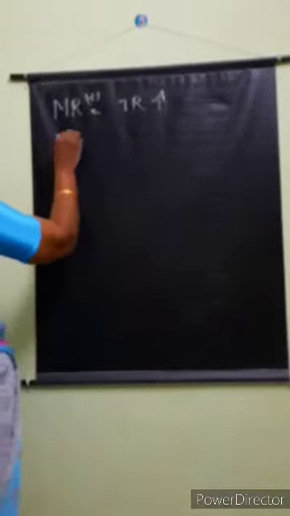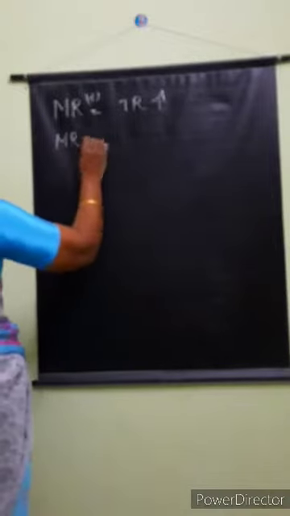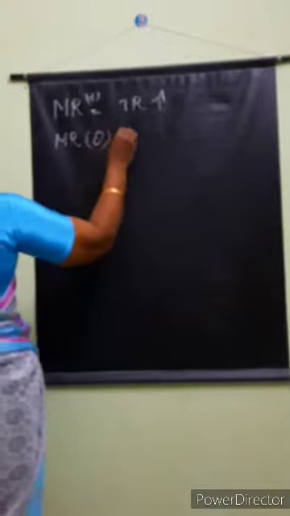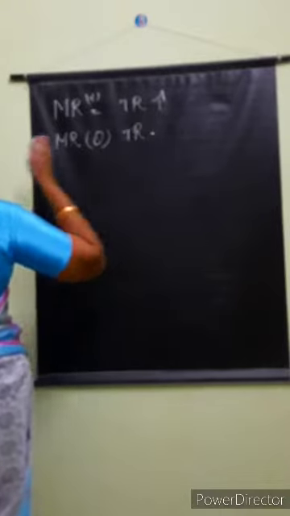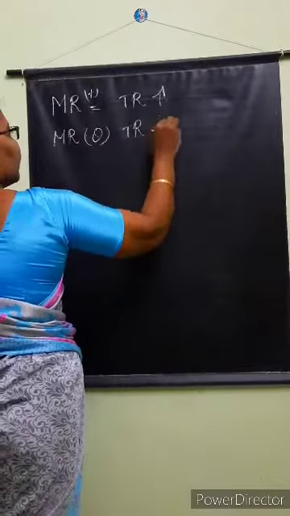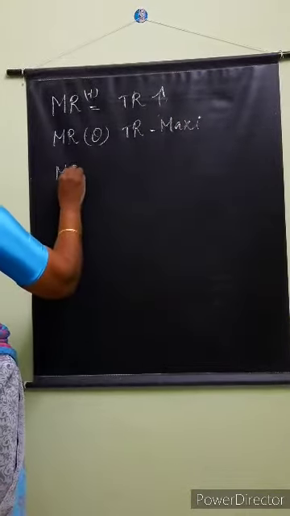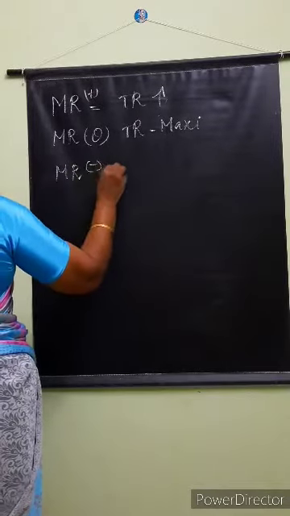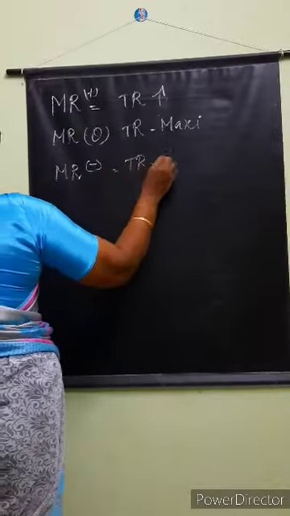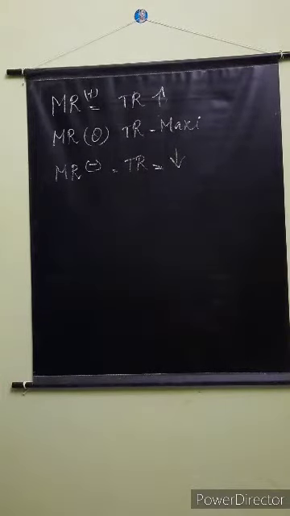When the marginal revenue is 0, total revenue will be maximum. When MR is negative, total revenue is decreasing.